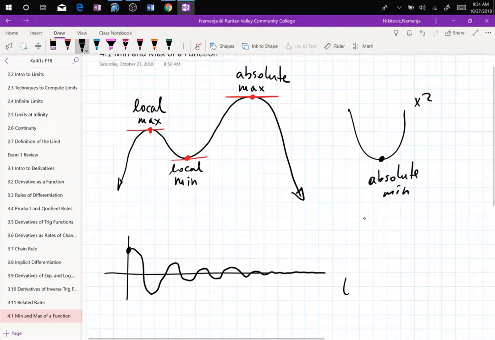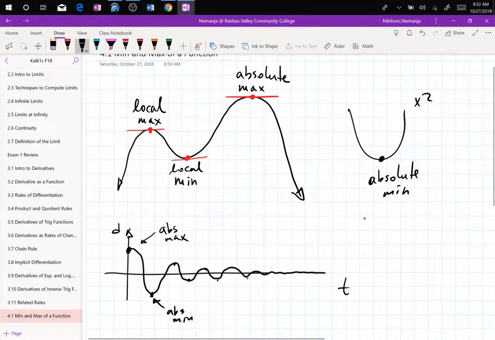And it stops. And this is distance. So here's your ABS max, because no other point is taller than that one. And here's your ABS min. And here's a whole bunch of relative min and max, infinitely many of them, right?